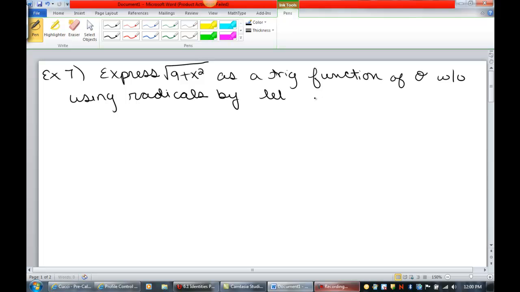We're going to do so by letting x equal 3 tangent theta. We're also going to assume that theta is between 0 and pi over 2, not included.